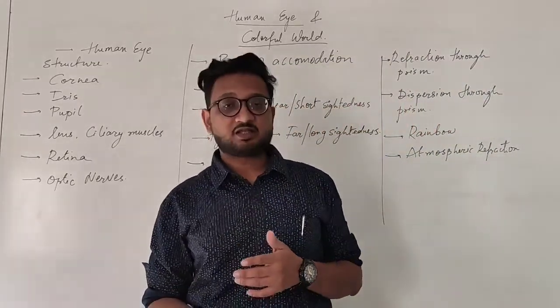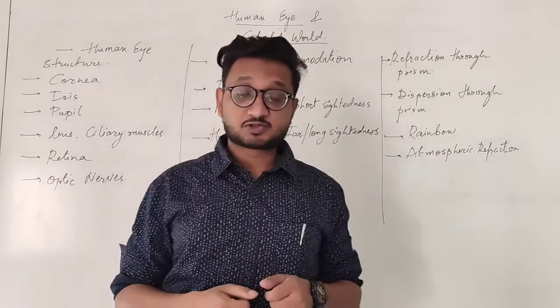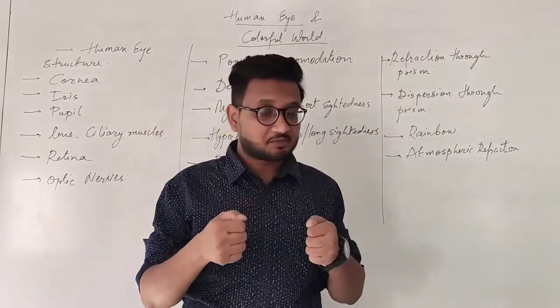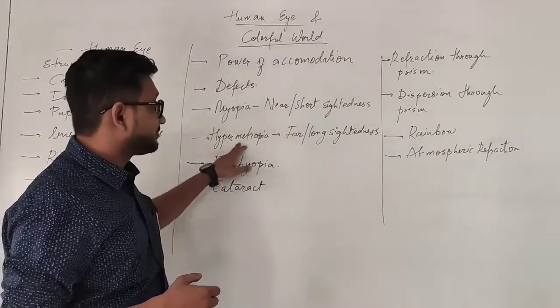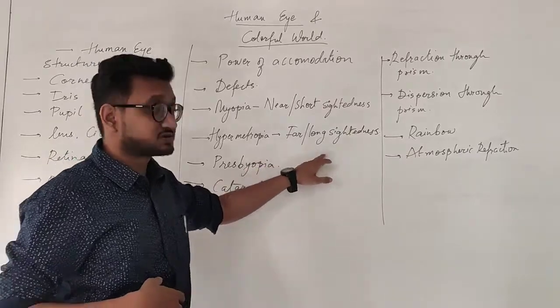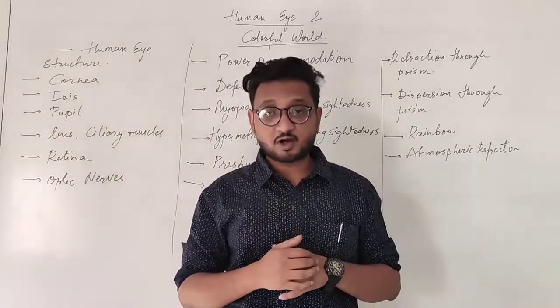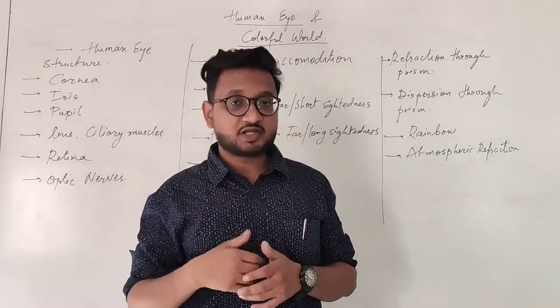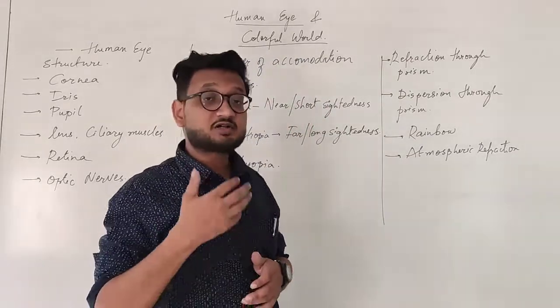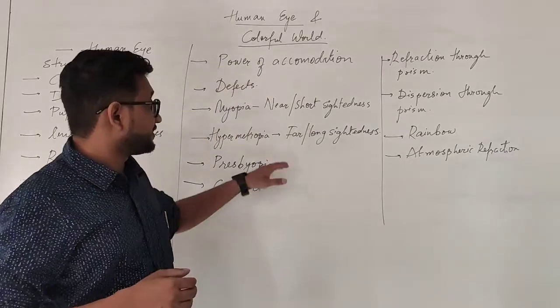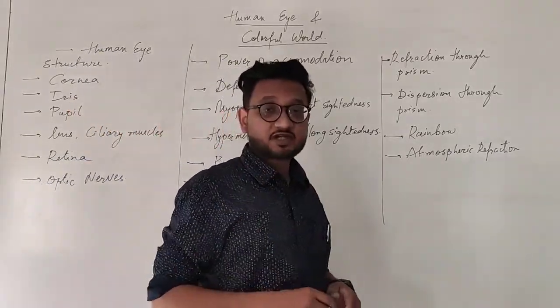And generally the people with old age, those who are not able to read the newspapers or magazines, they are having hypermetropia, far or long-sightedness. That means they can see the far away objects, but they are unable to read or see the nearby objects. And for that they require a different type of spectacles.